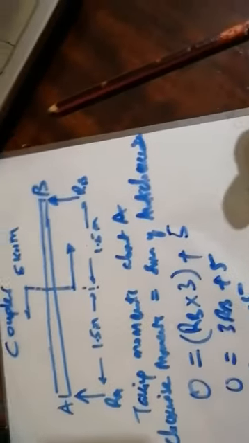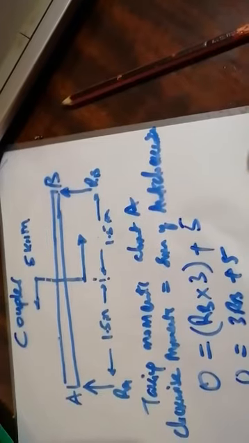So 3RB is equal to negative 5. Therefore, RB is equal to negative 5 over 3, which should give us negative 1.667 newtons.